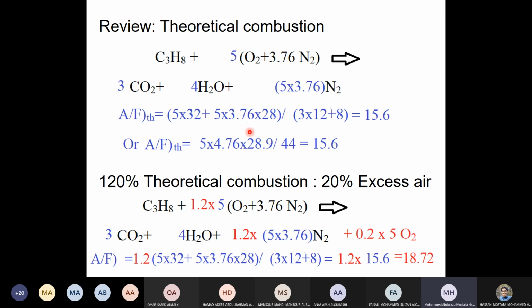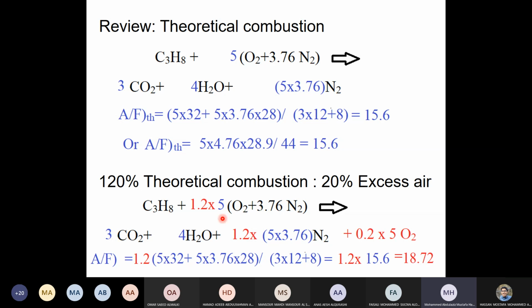I copy this here. This is the blue color here. This is the same. But then I add the red color here. Now I add 1.2. It was 1 here. Now I make it 1.2 because he's asking for that. Then 1.2, this will stay the same. No change in that.